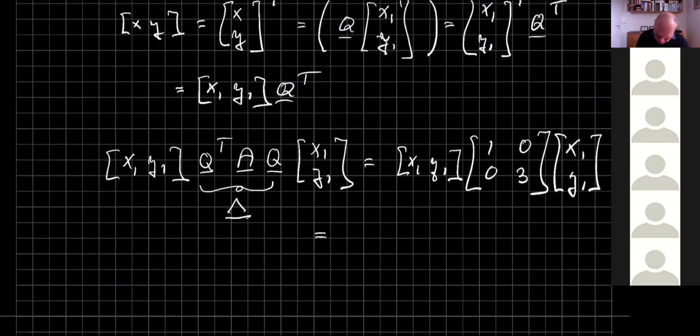So this will be x1 squared plus 3 y1 squared. So this is the result. Here we have gotten rid of these mixed terms.